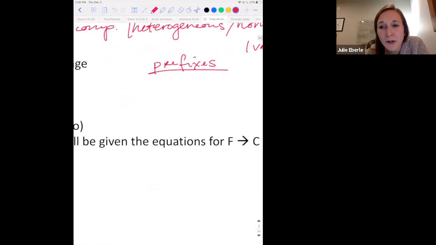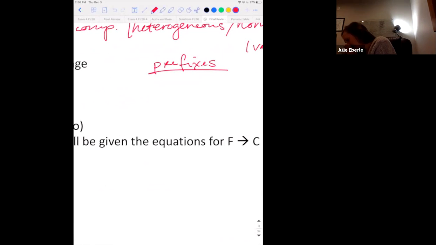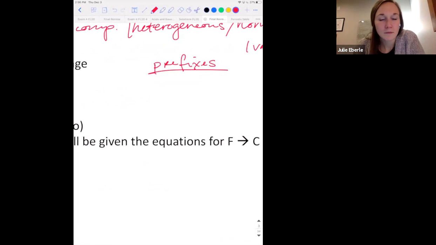And when I say base unit, what do I mean? What are examples of base units? The gram, it'd be one. Yes, thank you, Zoe. Gram, liters, meters.